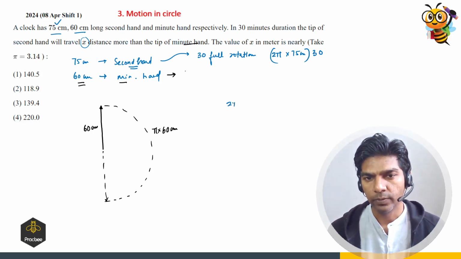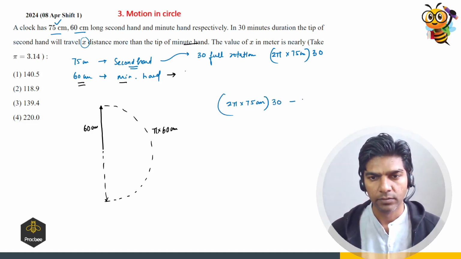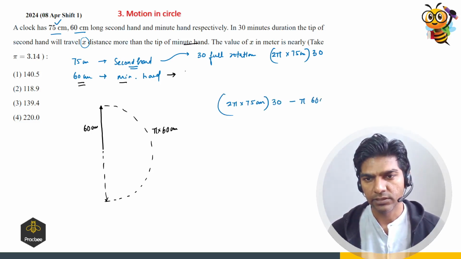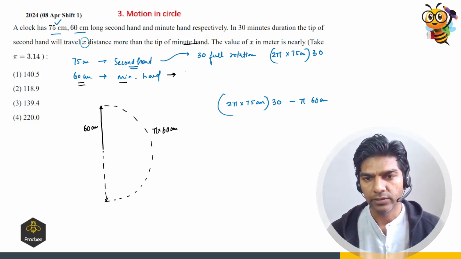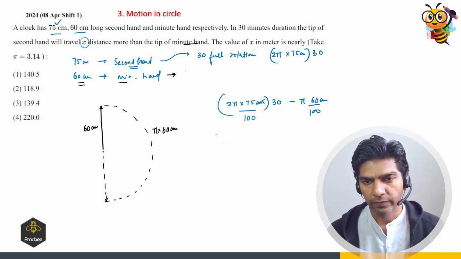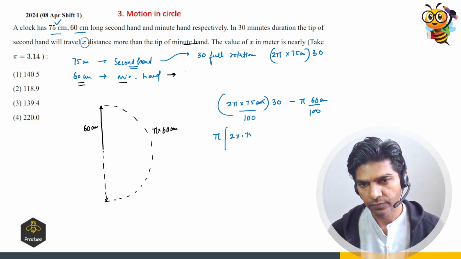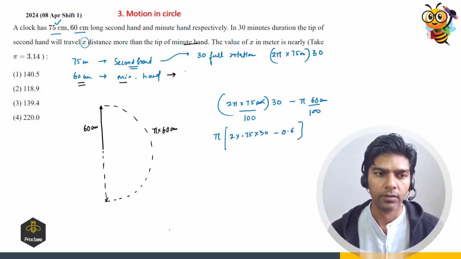So what is x? It is the extra distance covered by the second hand in comparison to the minute hand. So it will be 2 pi times 75 centimeter times 30 minus pi times 60 centimeter. And we have to find the answer in meters, so let us divide this by 100 to convert it into meters. Pi will be common, and we will get 2 times 0.75 times 30 minus 0.6.